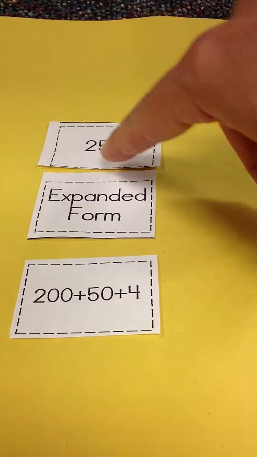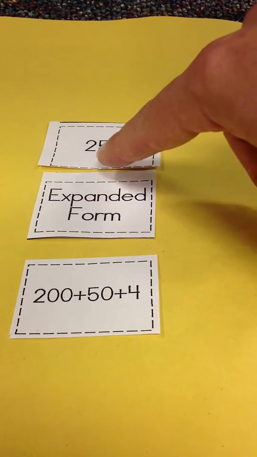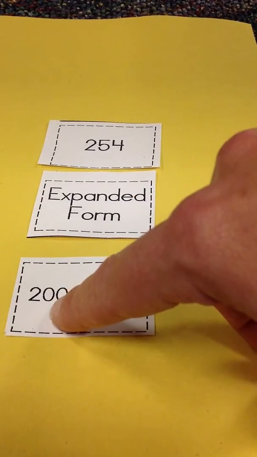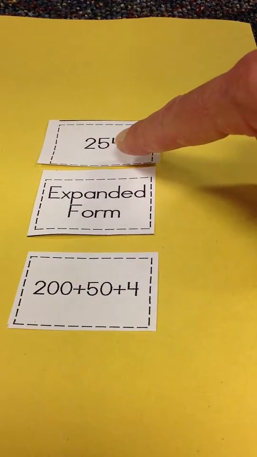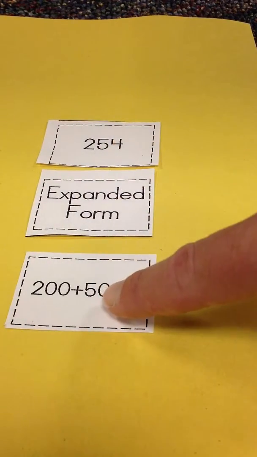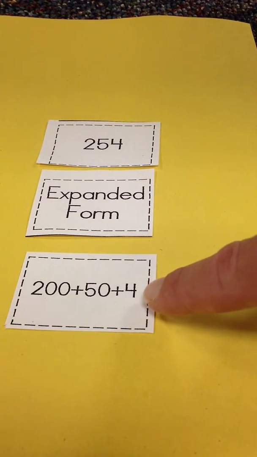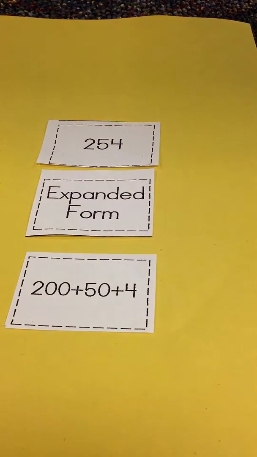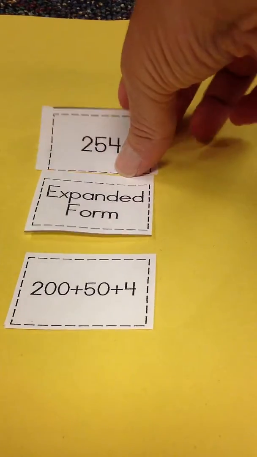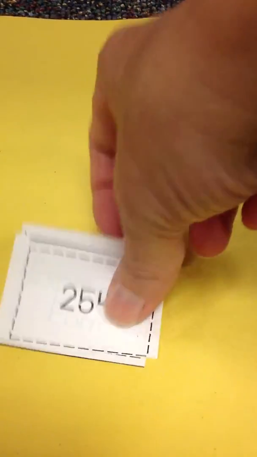We have our 2 in the hundreds place, so that's the same as 200. We have the 5 in the tens place, which is 5 tens, the same as 50. And we have our 4 ones, which is the same as 4. So expanded form for 254 would be 200 plus 50 plus 4. So those are 3 out of the 4 forms, so we're 3/4 of the way done.